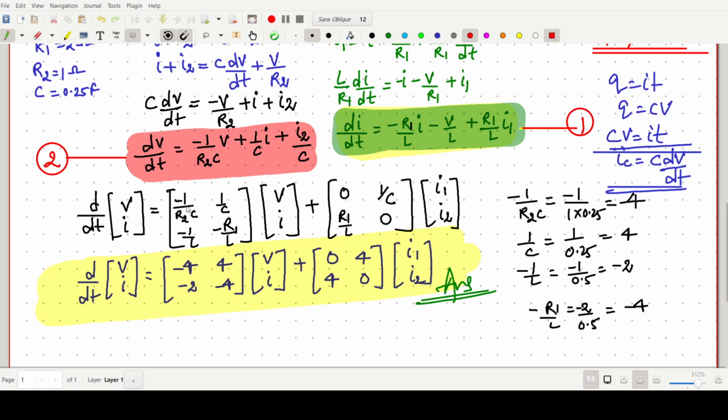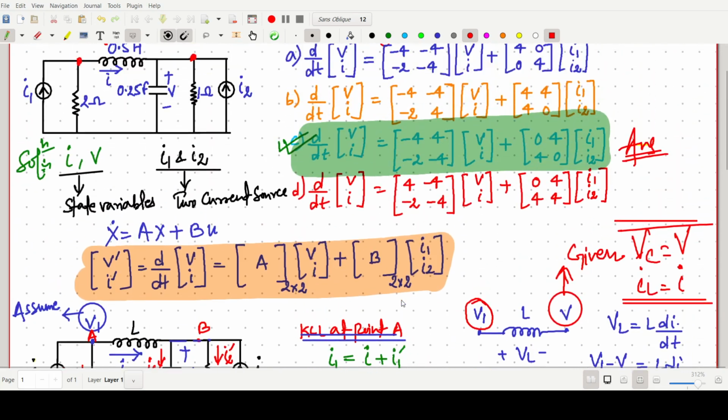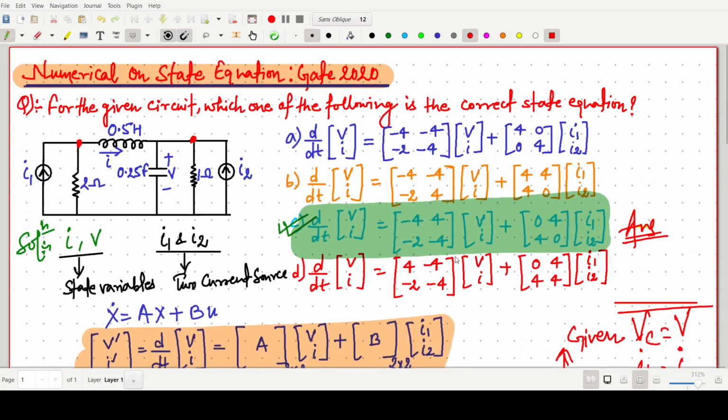Then we find the numerical values by putting in the R1 and R2 values, but we have to be careful about R1 and R2. So we can find 1 by C, minus 1 by L, all these things. After putting all these in this equation, we will get the final answer. So it is quite simple, but we have to be very cautious about the steps.